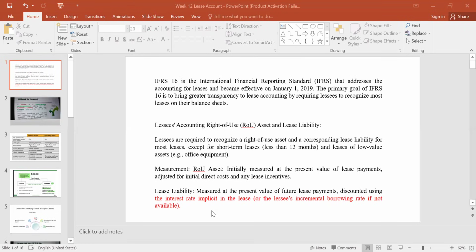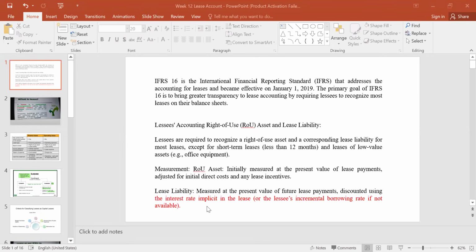Lease liability is measured at the present value of future lease payments, discounted using the interest rate implicit in the lease, or the lessee's incremental borrowing rate if that is not available. Lease liability means the lessee is liable to pay the total amount. In this case, for the installments you have to pay on a regular basis, you have to consider a specific rate.